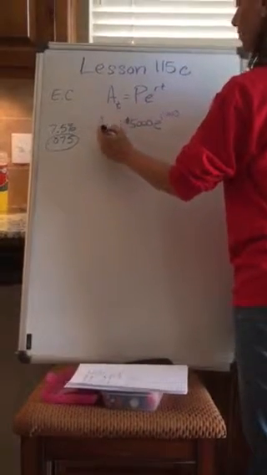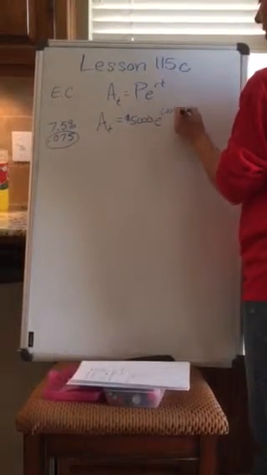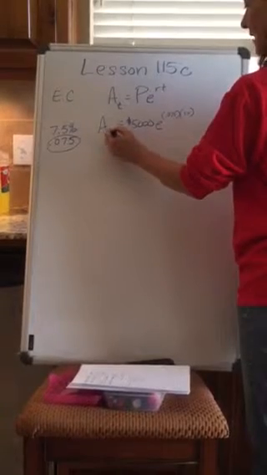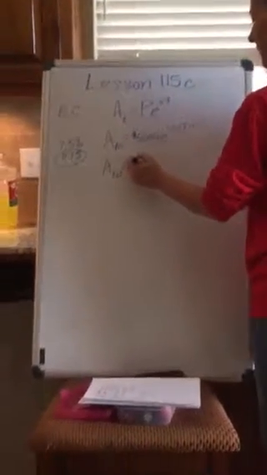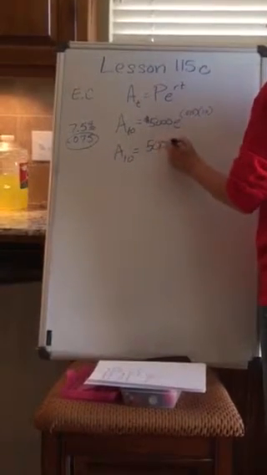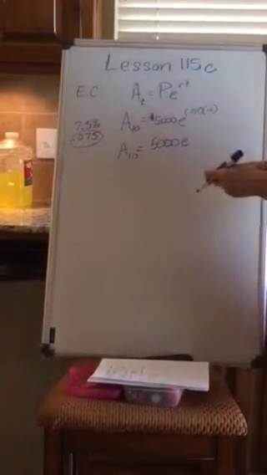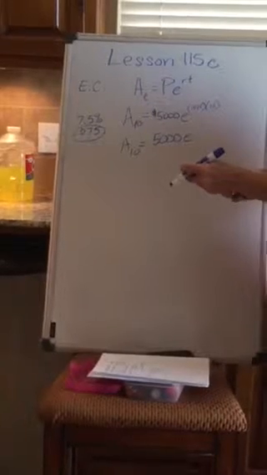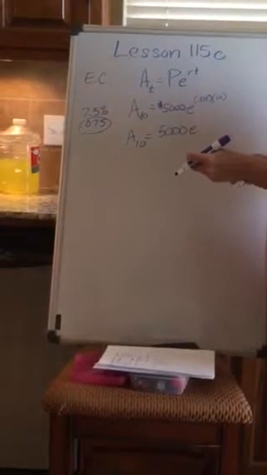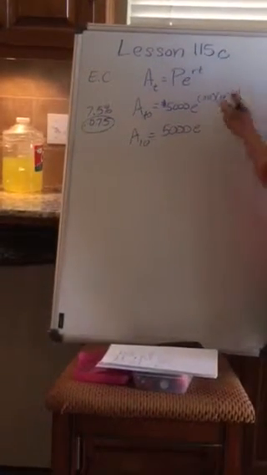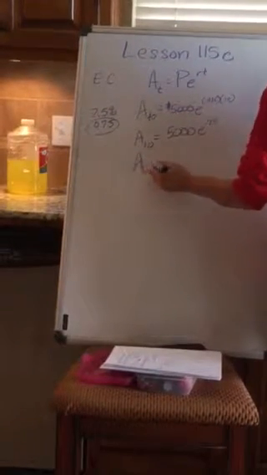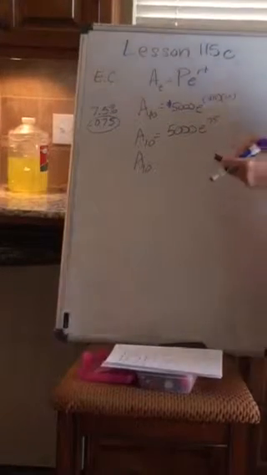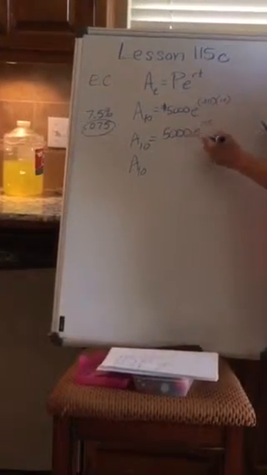So the amount after 10 years, and our time is 10 years. So our amount after 10 years is 5,000 times e, and 0.075 times 10 is just 0.75. Just move the decimal place one. e to the 0.75. So I'm going to multiply 5,000 times e. How do I get e? Do you remember?